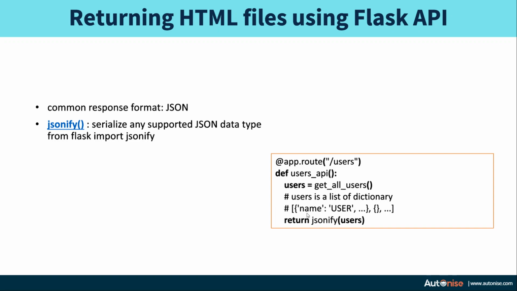And there will be many such dictionaries inside a list because we have all users' information over here. If you want to send this information to the client, you need to convert it into a string format because the client only understands string information or byte information. So you convert this into a string and then send it as a response to your API. Now, for your client to be able to understand the data that you have sent, you need to convert it into a standard format.